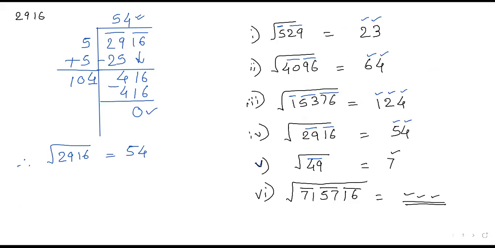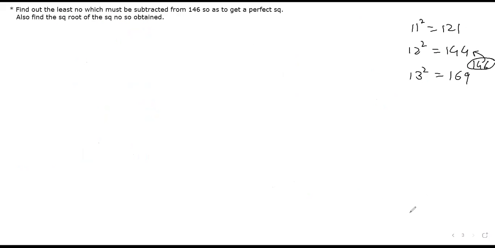Now let us check in case of 146 what comes out to be the remainder. If it is 0, we obviously know 146 will be a square number, but we know definitely 146 is not a square number. So definitely the remainder will not be 0, but let us check what the remainder comes out to be.